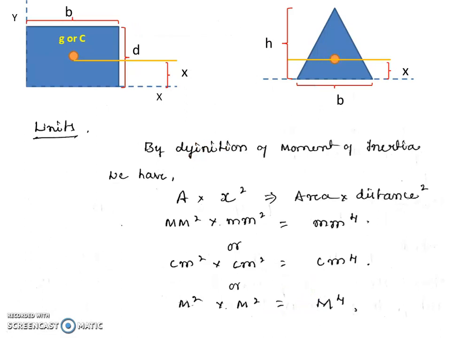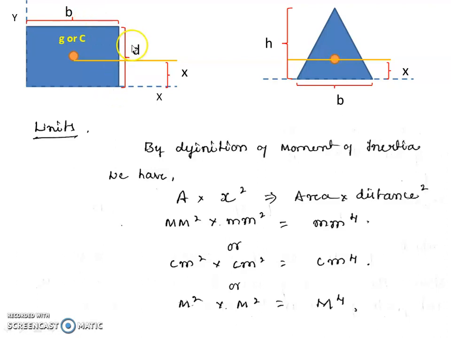Okay, so what is the unit? We will see here. For that I considered these two figures. One I took a rectangle, another one I took a triangle. If I want the area of the rectangle, what is the area? Area of a rectangle is breadth into depth. Breadth is measured in millimeter or centimeter or meter.